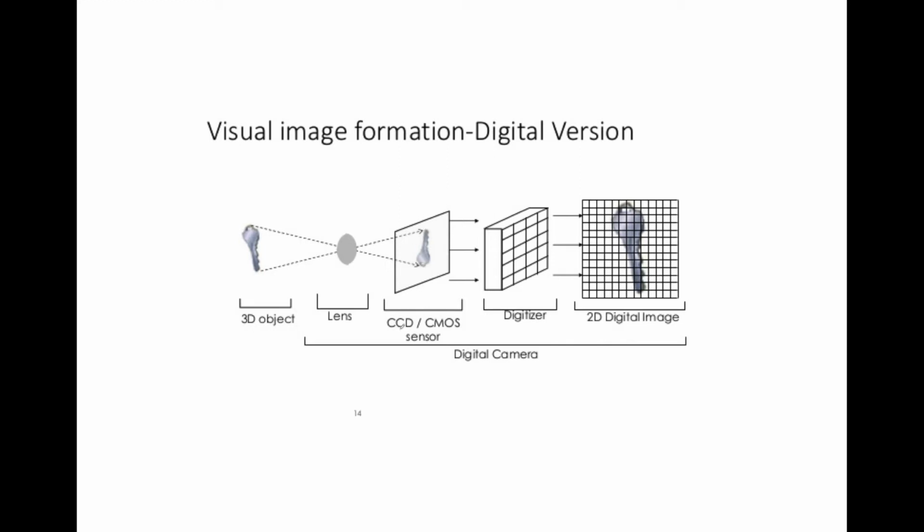It's either a charge-coupled device, or CCD, or a complementary metal oxide semiconductor, CMOS. And the sensor gets excited in different places, producing voltage levels when different frequencies of light, these rays, come into contact with it. A digitizer reads these voltages, these energy levels, and converts them to values that you represent on a computer as a digital image.